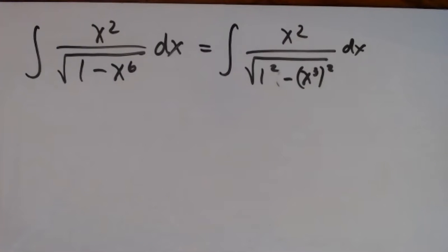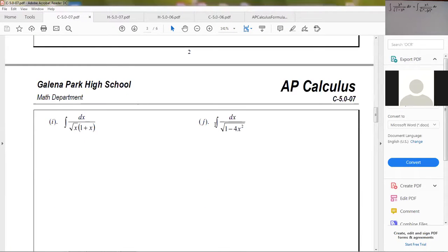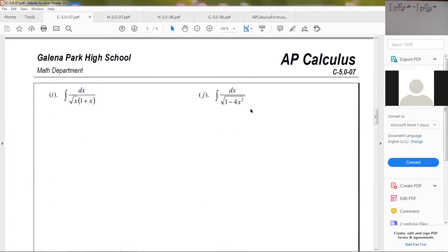Okay, let me now look for something more. Here you see this one, right? For instance, let me show you problem I, the integral of dx over the square root of x times 1 plus x.